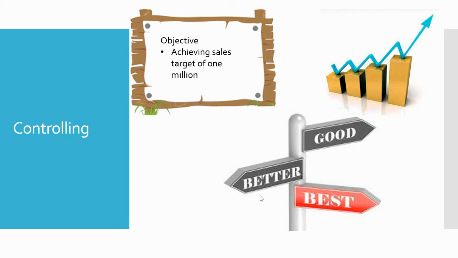Under controlling, they will compare the planned activity with the actual results, and find out whether they have achieved the result in the desired manner. If not, they will find out where they made the mistake, and then correct it. So controlling is very important in order to achieve the desired objective in a desired way.